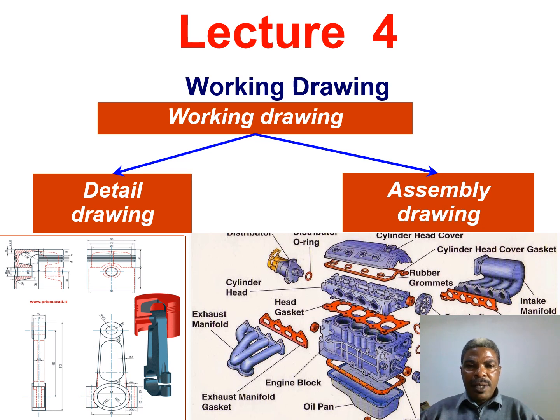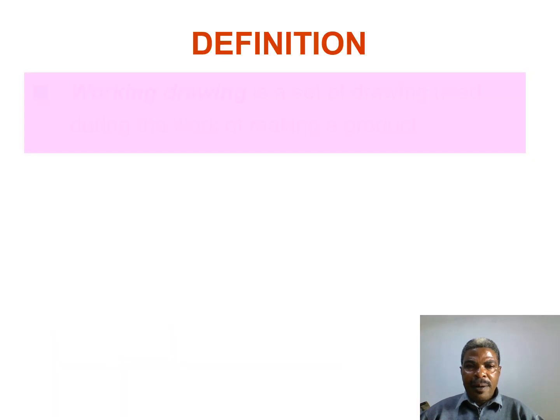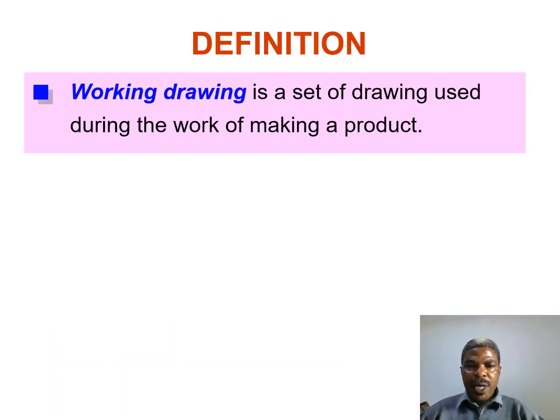So the working drawing falls into 2 categories, which are detailed drawing and assembly drawing. A working drawing is a set of drawings used during the work of making a product.